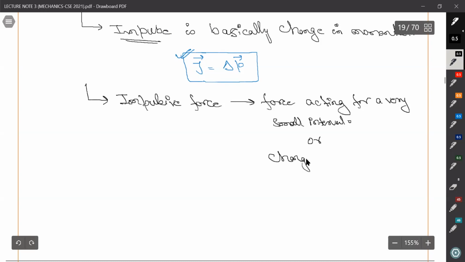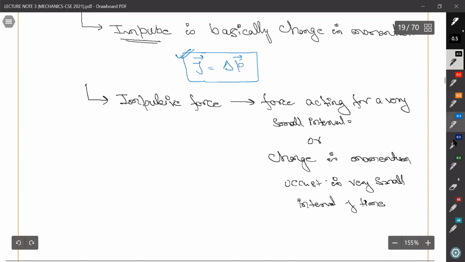So one more thing, here you can write this also, integration f dt.